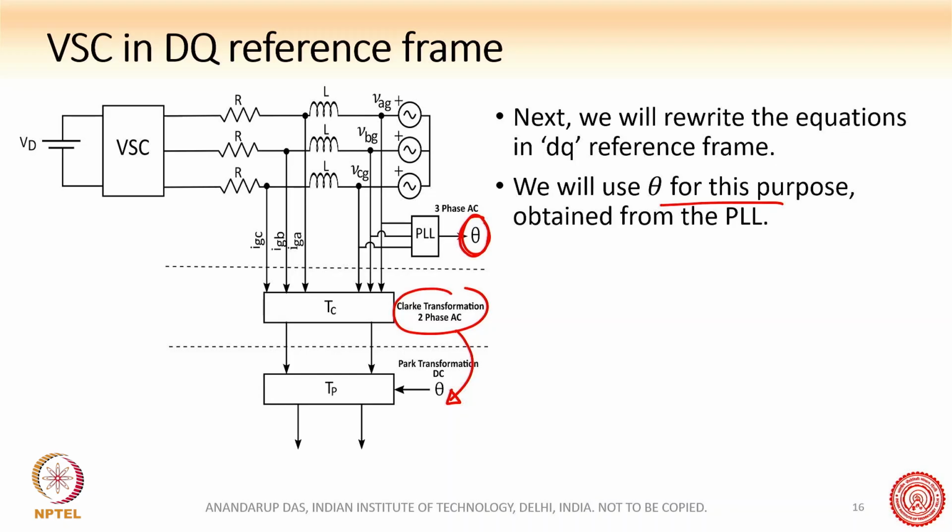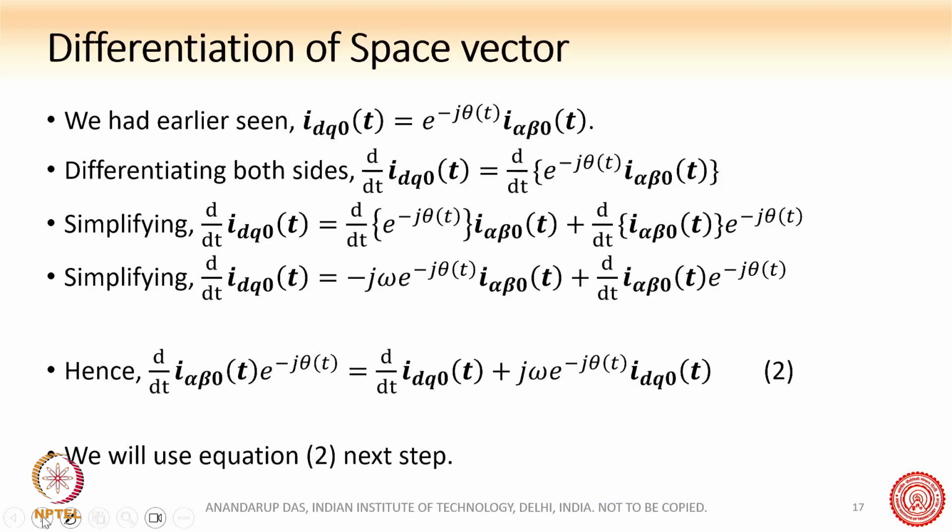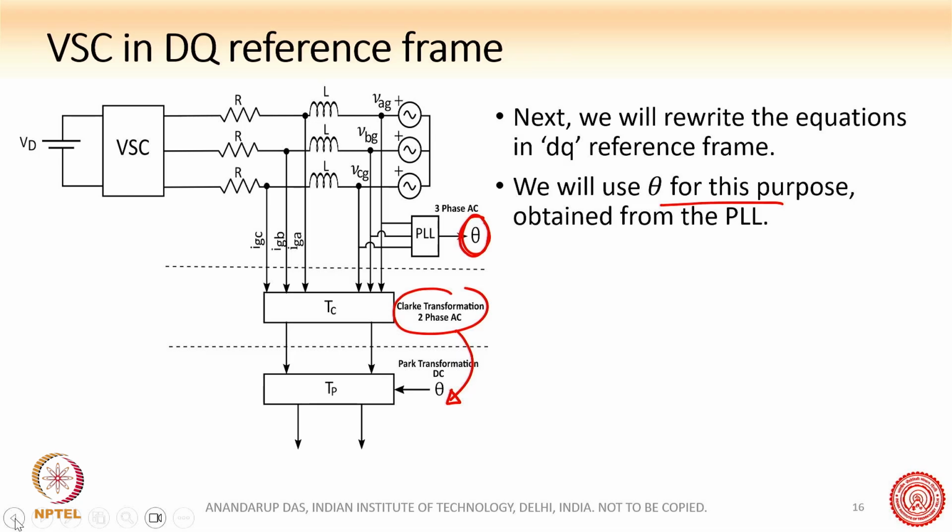What is this theta? Theta is the angle with which the grid voltage space vector is moving.